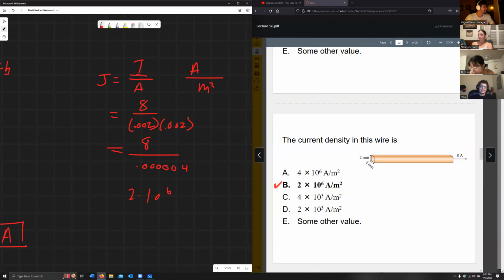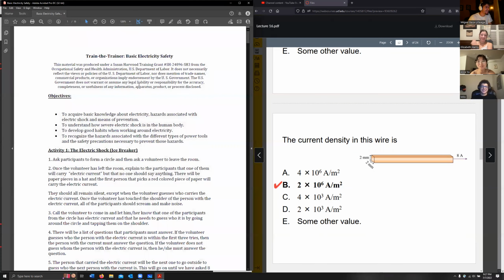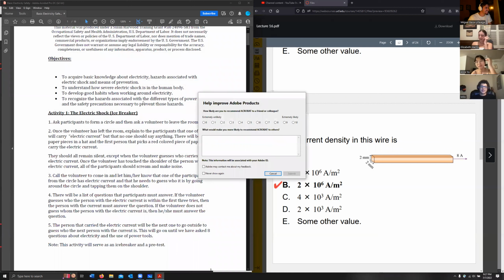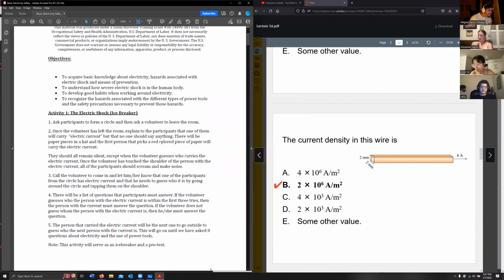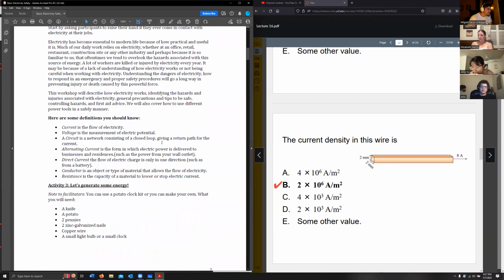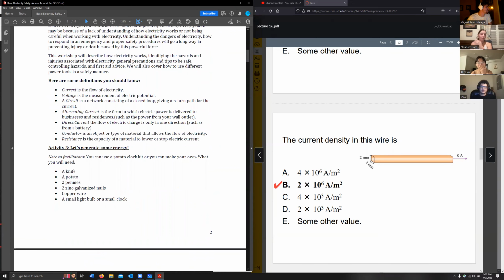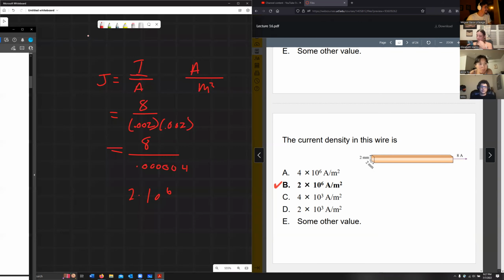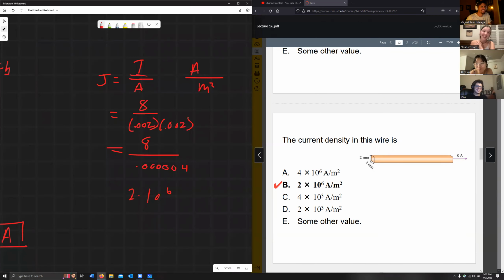According to OSHA.gov, introduction to electricity, the highlighted answer is that 10 amps is enough to induce cardiac arrest and severe burns with probable death. We're doing 2 million. So if we divide that by 10, that's enough to kill 200,000 people in one go.